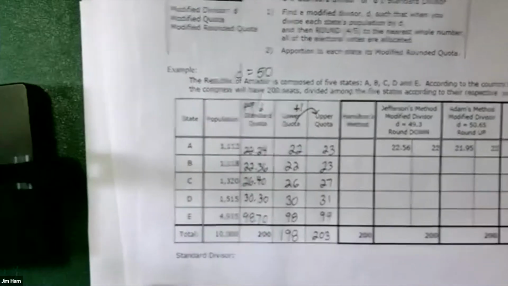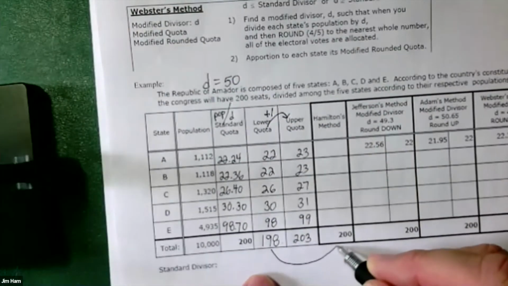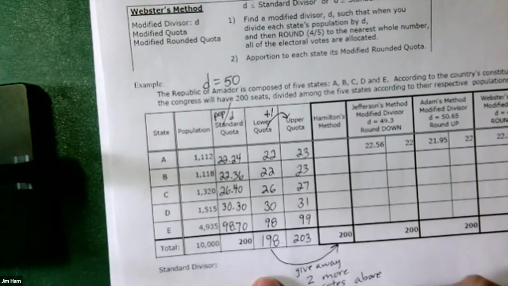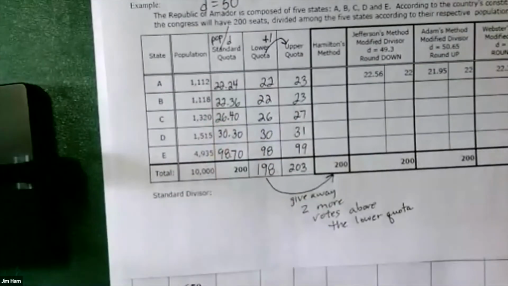All right, so I'm going to show you the methods. Hamilton's method is this. To go from 198 to 200, we need to give away 2 more votes above the lower quota. So who do we give the votes to? Here's what Hamilton's method says. All of these decimals are somewhere between 0 and 1. You've got the smaller decimals like 0.01 and 0.25, and you've got the bigger decimals like 0.99 and 0.98.